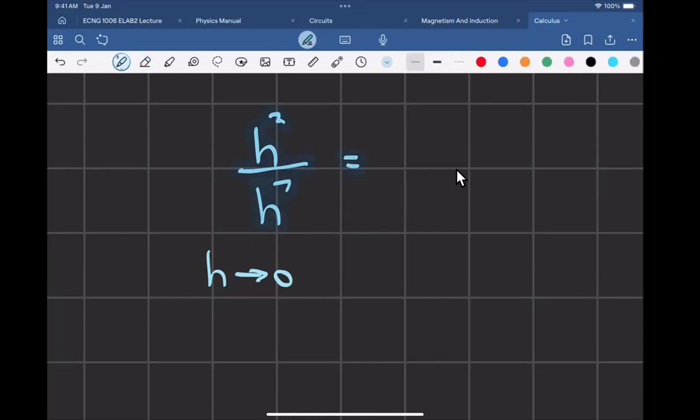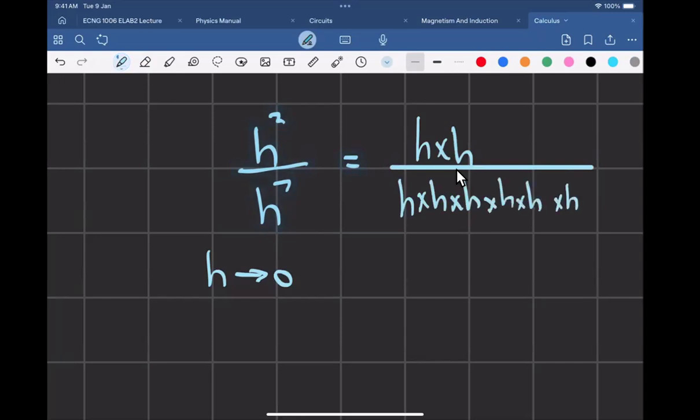So watch. Check it out. If it's h squared, what would I have on top? H squared, h by h. And in the bottom, what would it have? h by h 7 times. What would happen?